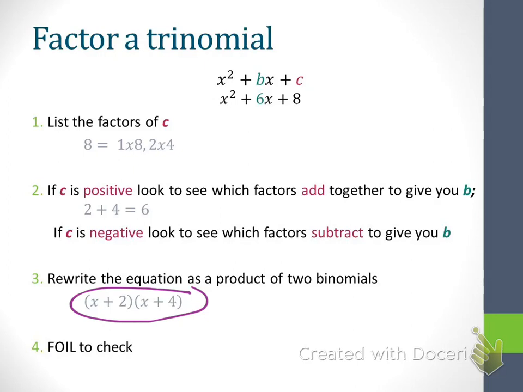And we used this method, FOIL, to turn it into a quadratic equation. FOIL stands for first, outer, inner, last, if you remember.